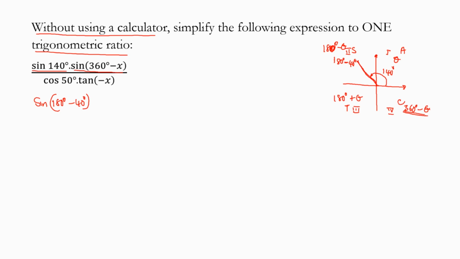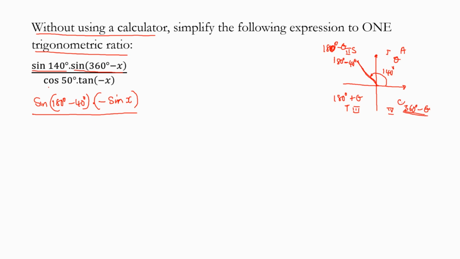And then sine of an angle here is negative in the fourth quadrant. So it's going to be, let's just reduce that straight away, negative sine x. Okay, please put this in the bracket to make sure that we don't get confused by the operations there. This is multiplication, so just put the brackets, or if you're fine with the dots, it's fine. Okay, and then we're done with the top part.